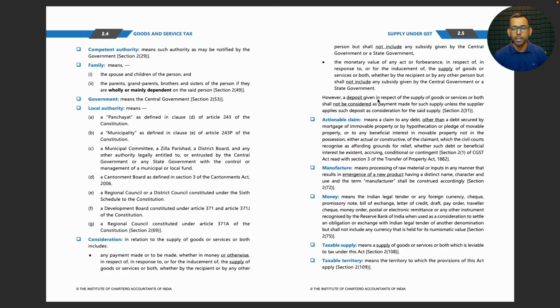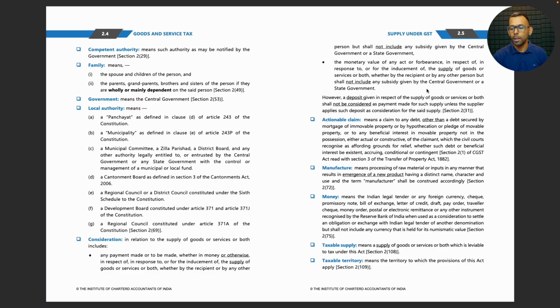However, a deposit given in respect of the supply of goods or services or both shall not be considered as payment made for such a supply, unless the supplier applies such deposit as consideration for the said supply. Okay, so let's say I have to get a house for rent. My house rent is 20,000 per month.